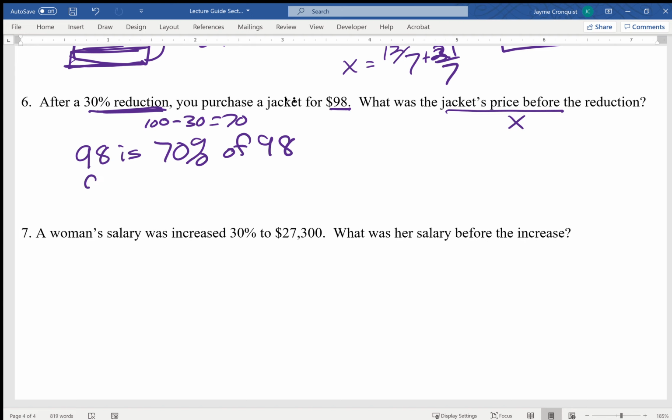So 98 is 70% of, not 98, of the original price. So I divide both sides by 0.7. And I get 140.